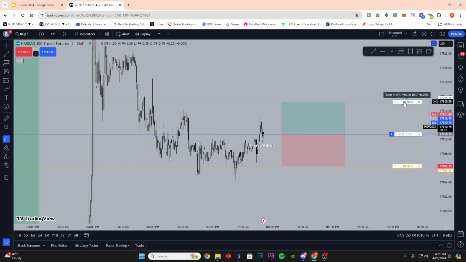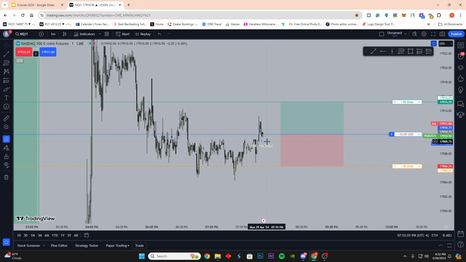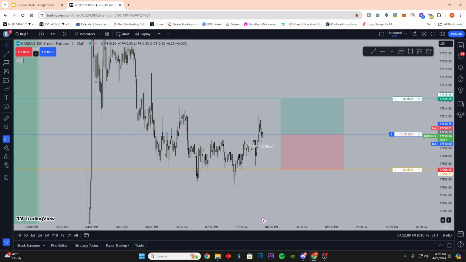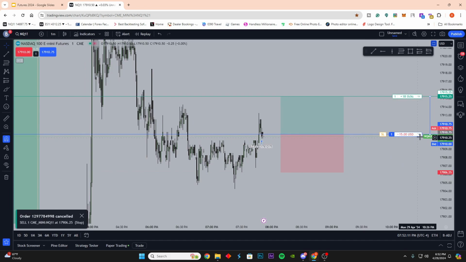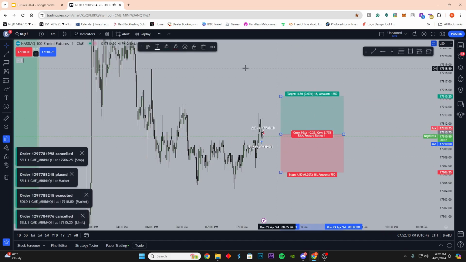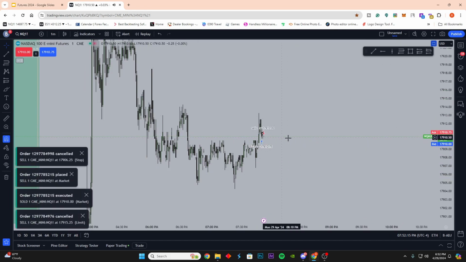So yeah, these are considered limit orders in the sense that this is a take profit limit order and this is a stop loss limit order. You can also close out the trade just by pressing the X here. But I'm just gonna close this out right here for a small loss.